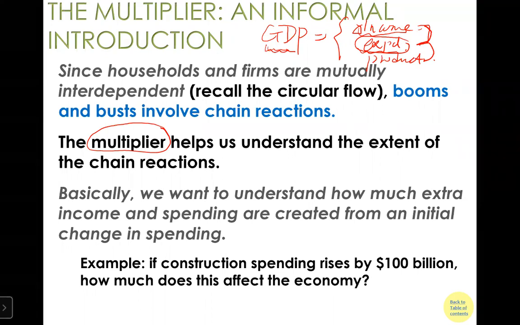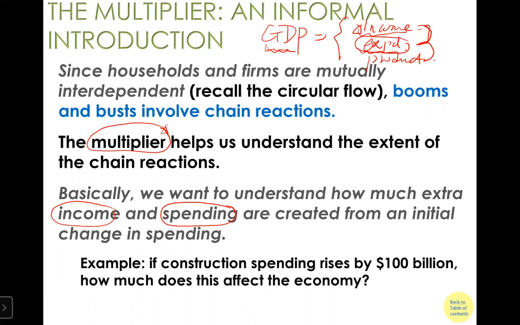Basically, this multiplier is going to help us understand the following question. If we have some extra income and we spend some of the extra income, at the aggregate level, or looking at the total economy, to what extent does this extra income generate the aggregate spending change?